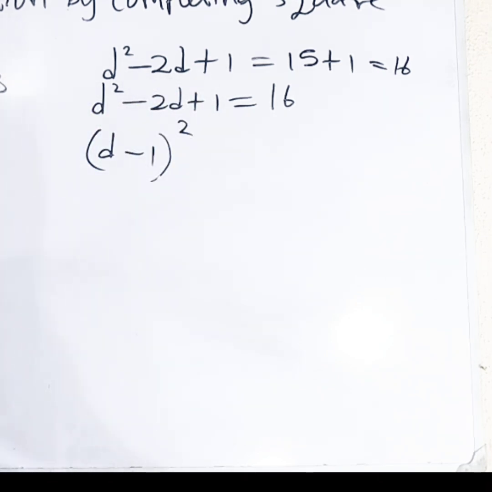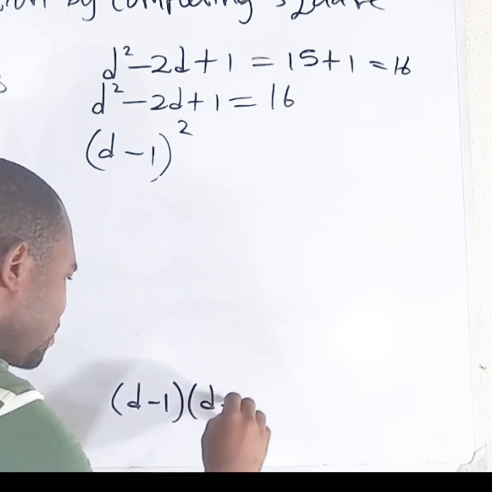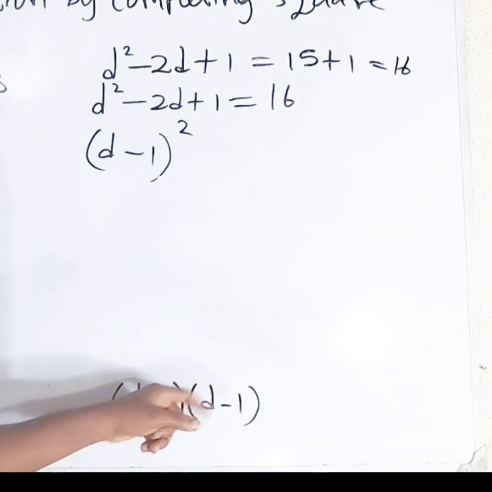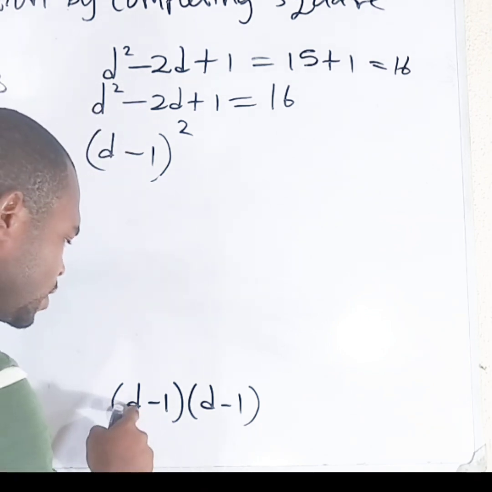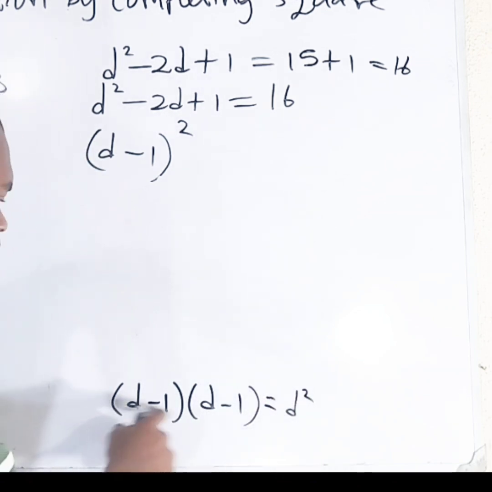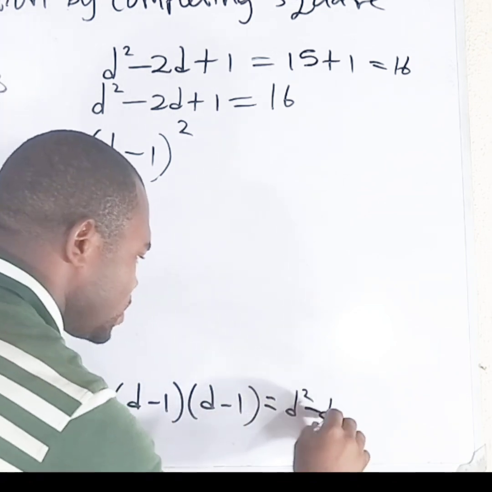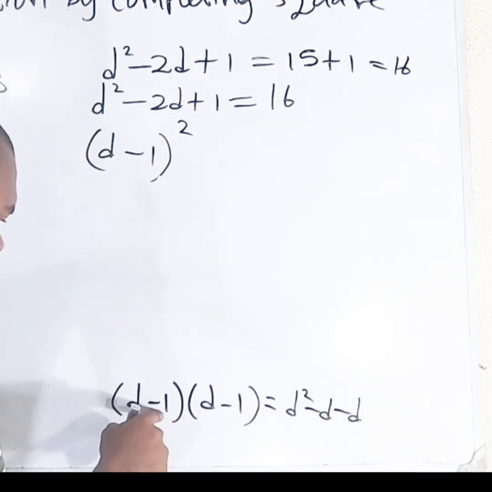Let us confirm that. d minus 1, when you expand it, you must get this one again. d times d is d square. d times minus 1 is minus d. Minus 1 times d is minus d.